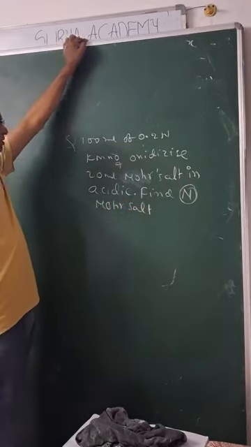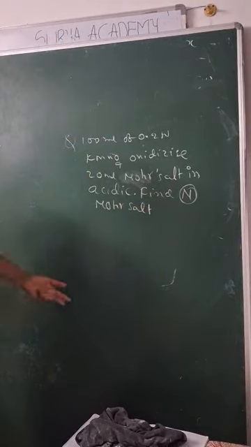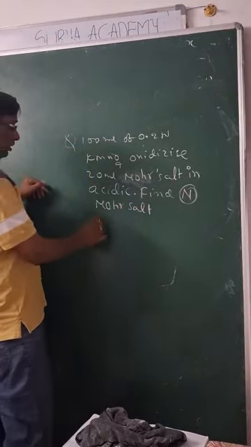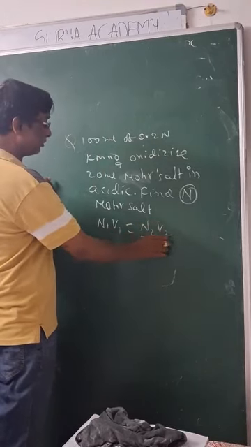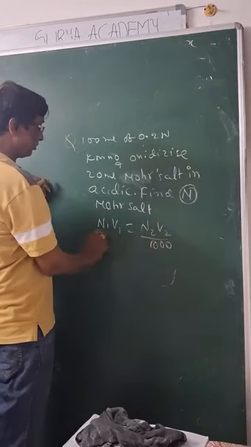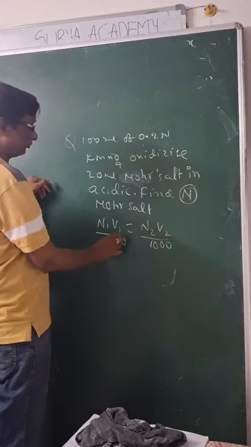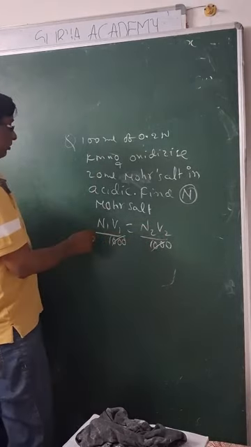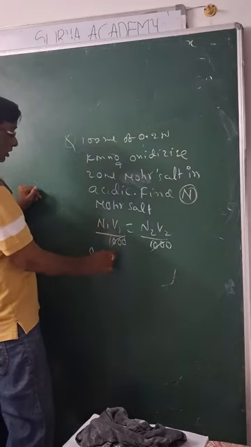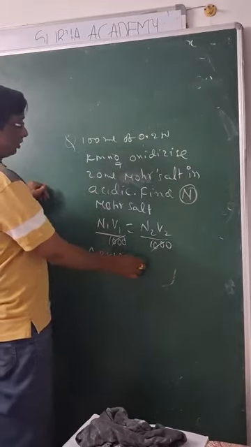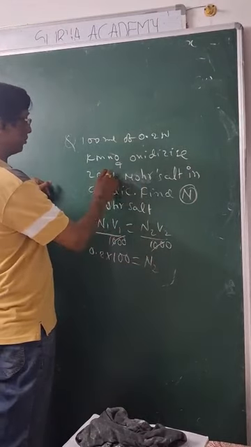Here normalities are given, you can work it out easily. N1 V1 is equal to N2 V2 by 1000. The 1000 gets cancelled, so no need to write. Equivalents: normality 0.2 into 100 volume equals normality we are finding into volume 20 ml.